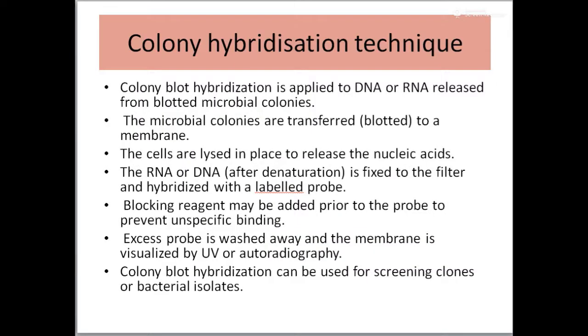So, if only a small segment of the desired gene was cut and transferred, you might still get a recombinant in blue-white screening or antibiotic resistance. But to confirm whether the whole sequence, or a particular sequence, of the entire gene is present, you use the colony hybridization technique.